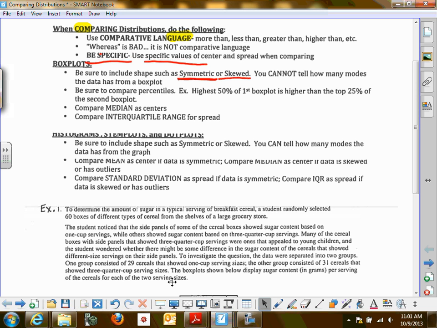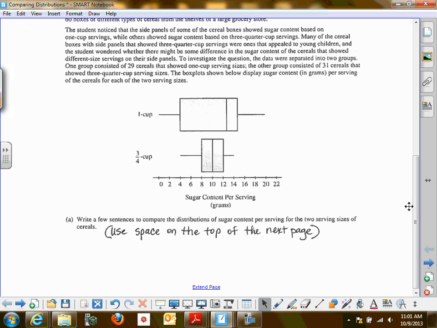We also want to compare percentiles. For example, down here, one thing we might say is this. How much percent is this up here? It's the top two quartiles. So this is the highest 50% of this one box plot.